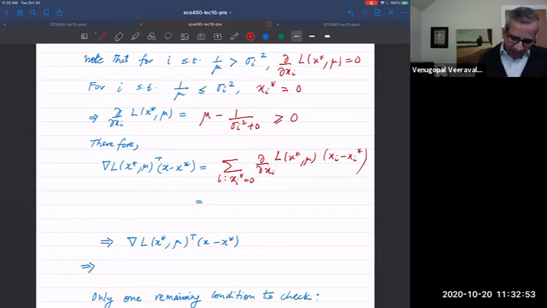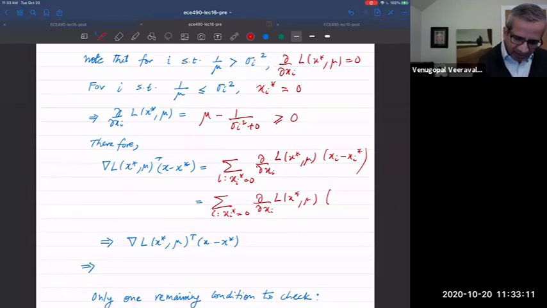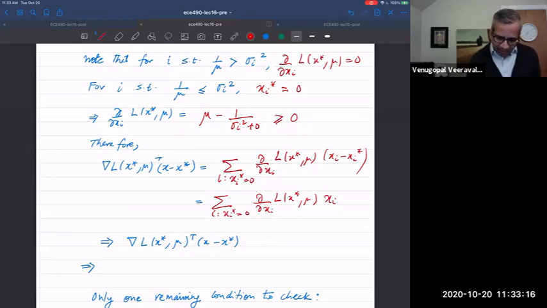But xi star is 0, so we can simplify this further, and I'll just have xi there. If you look at this, we just showed that whenever xi star is 0, the gradient is non-negative.